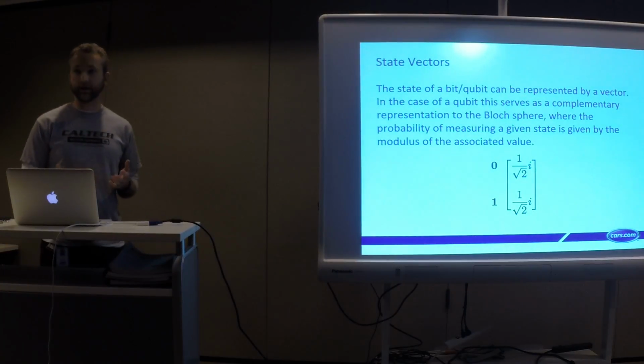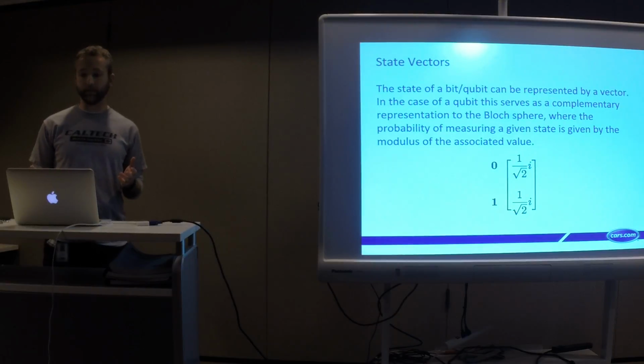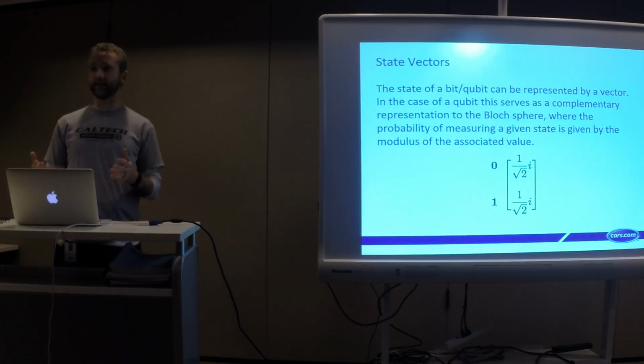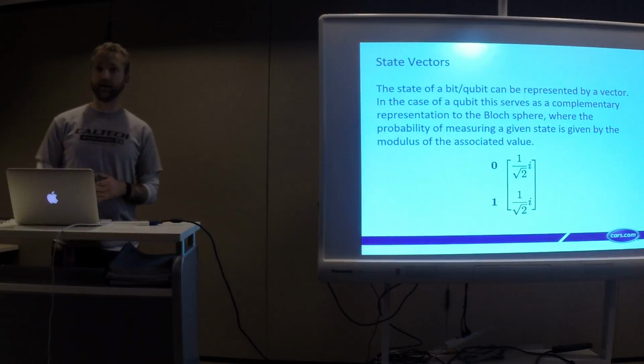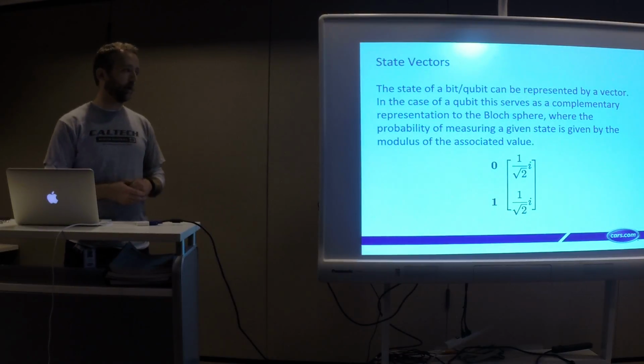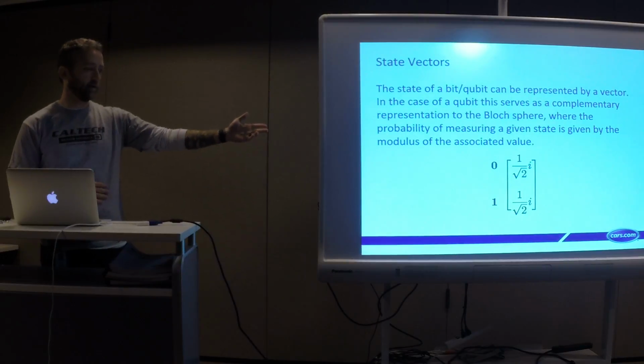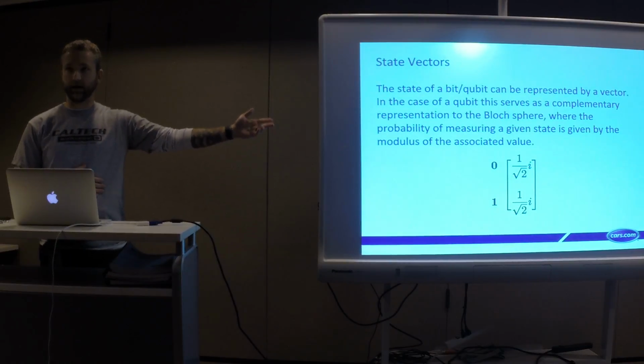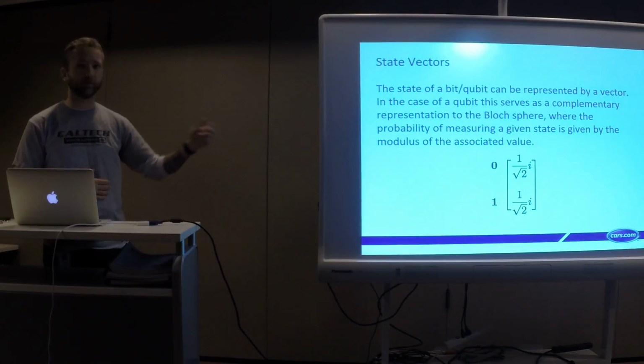If you look at a single qubit, we can envision its state as a vector. In addition to the Bloch sphere, we can look at it this way. We have complex numbers in 2 locations in a vertical vector.